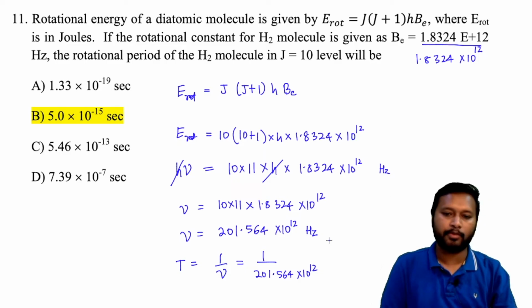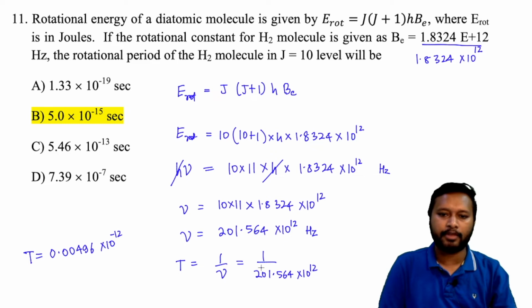This time period is equivalent to 0.00496 into 10 to the power minus 12, because this will go upside to become minus 12. This will come out in seconds.